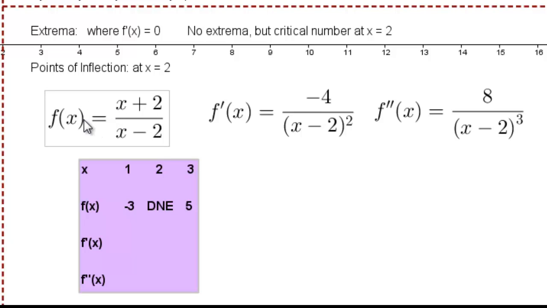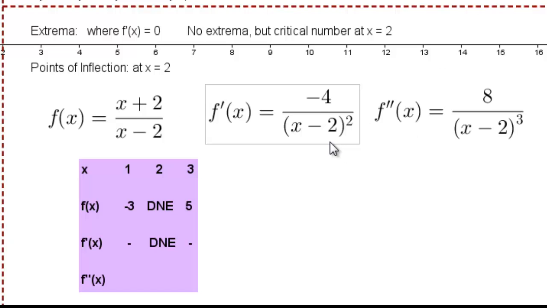Now let's look at the patterns of the first derivative. Interestingly enough, this function is always decreasing. If we look at x equals 1 on the left side of the critical number, we get -4 over a positive number because the denominator is already always squared. If we look at x equals 3, we get a -4 again over a positive number. So always, except at the critical number, the derivative is negative.